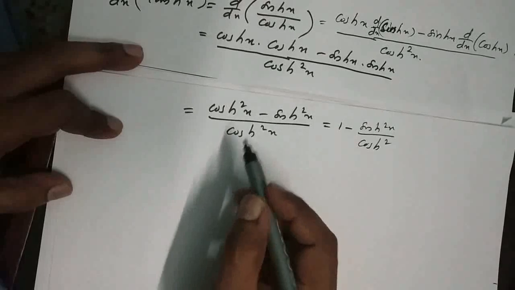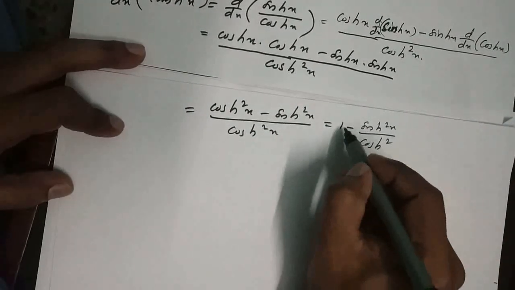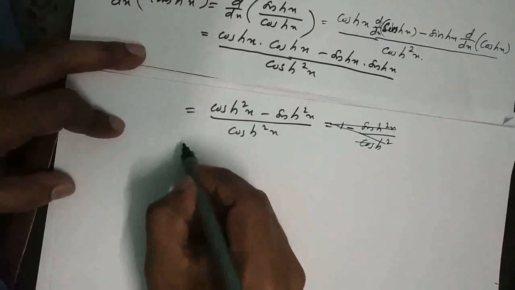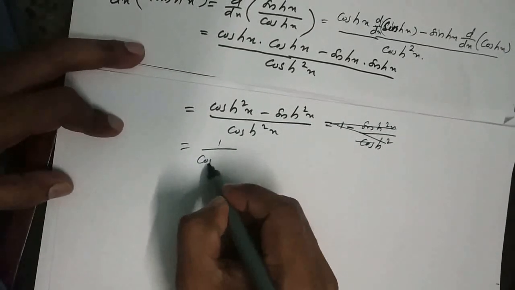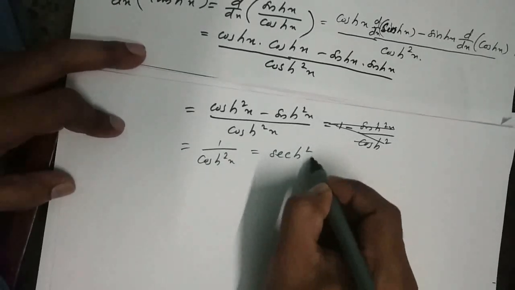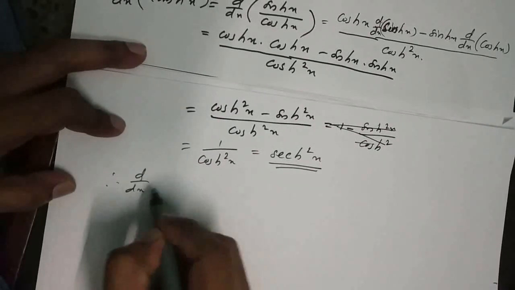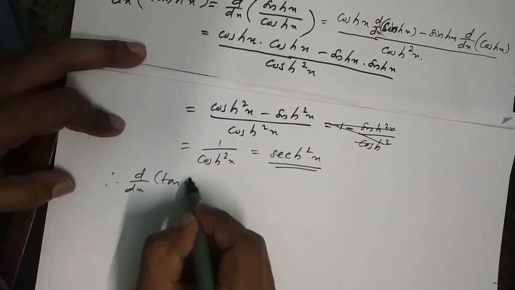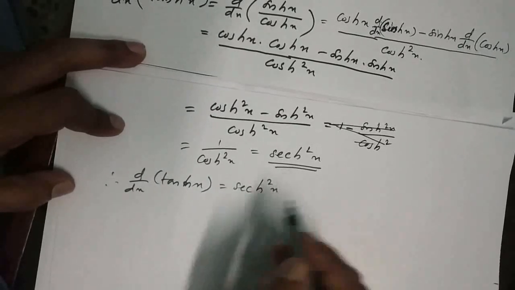This is actually 1 divided by cosh square x. So this is equal to sech square x. So therefore d by dx of tanh of x is equal to sech square x.